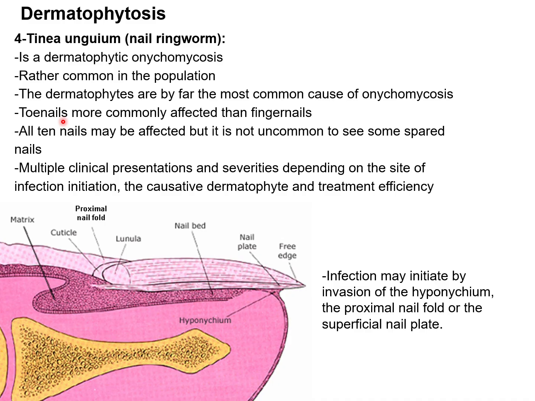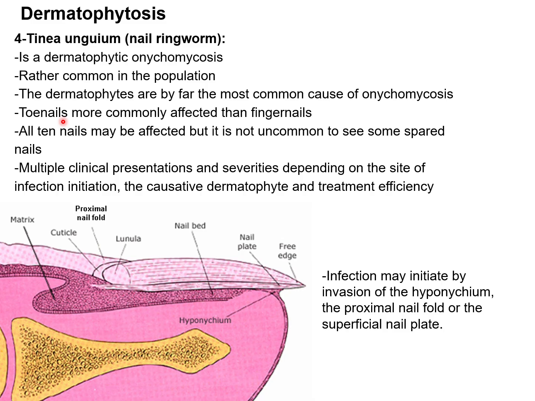And you might see some nails that are not affected when the infection happens, but all 10 nails might be affected. It really depends on how the spread happens and if the infection was spread from one nail to another. There are different types of presentations and severities, depending on the agent that's causing the disease, how the infection started, and whether the infection is treated appropriately or not.